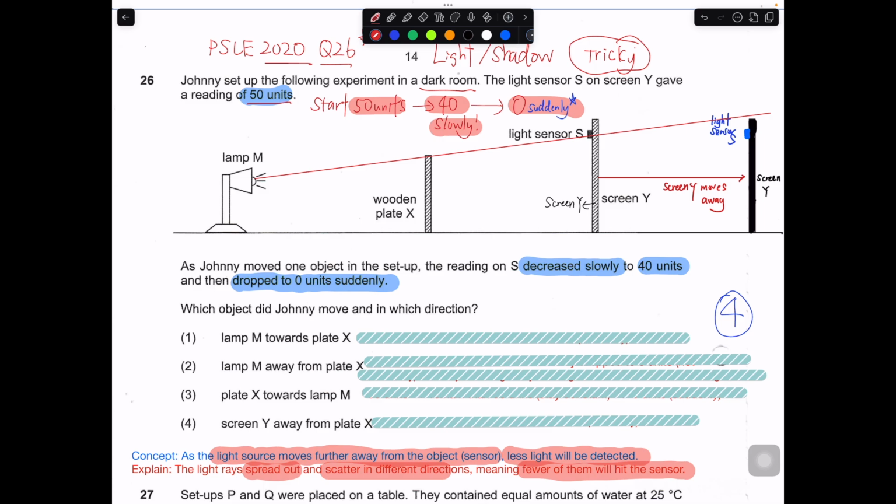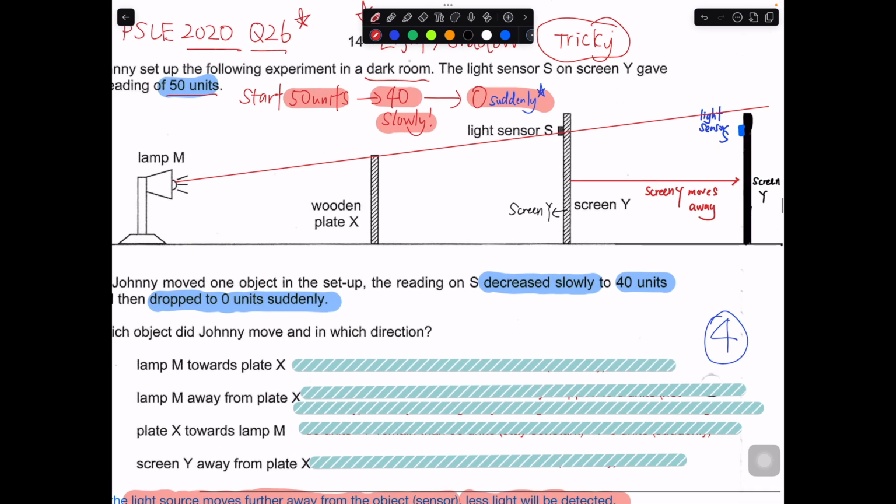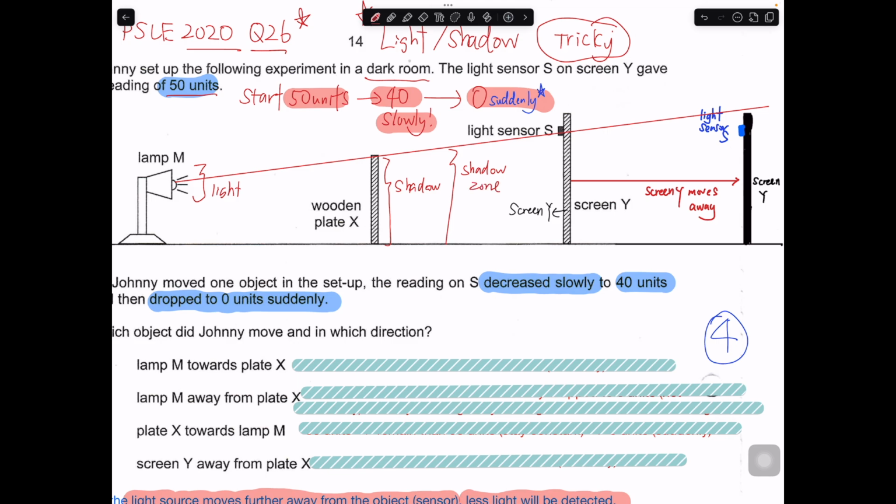So what happened is that the light is spreading out, and then it hit this part. This part becomes shadow. So this is the so-called shadow zone, where there is no light.